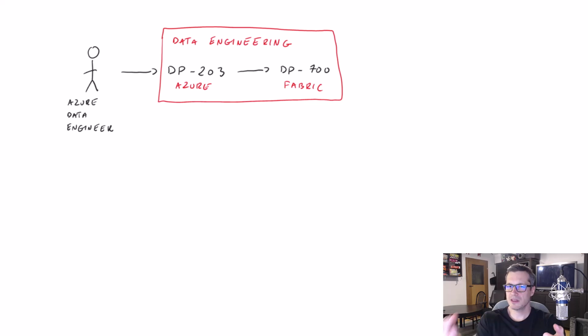You have to know how to clean the data, how to apply various rules, how to split your data in multiple layers, how to apply business rules, how to model your data, what is the fact and what is the dimension. So pretty much a lot of knowledge can be reused from DP-203 into DP-700. So this transition should be pretty easy for you.